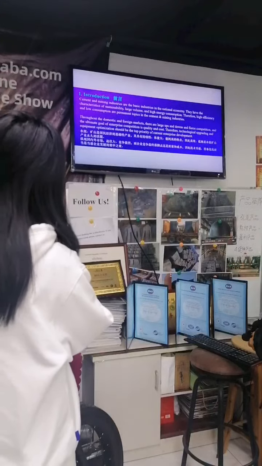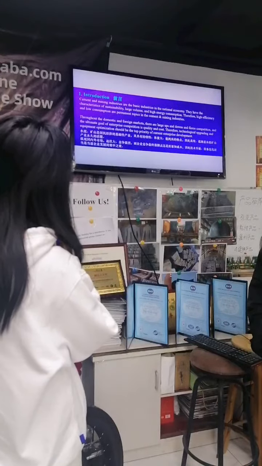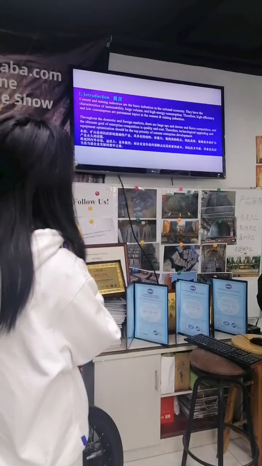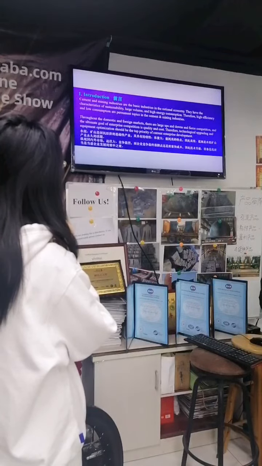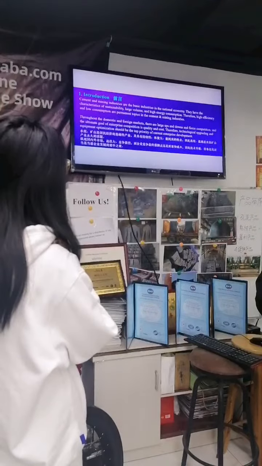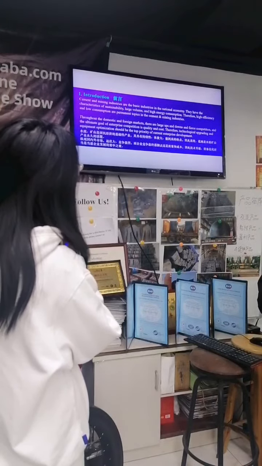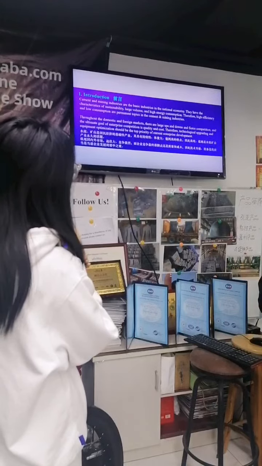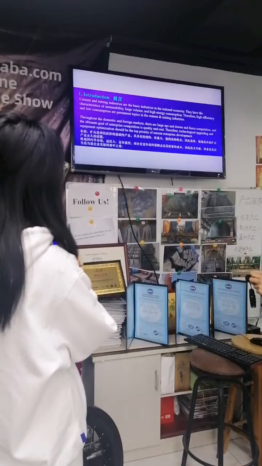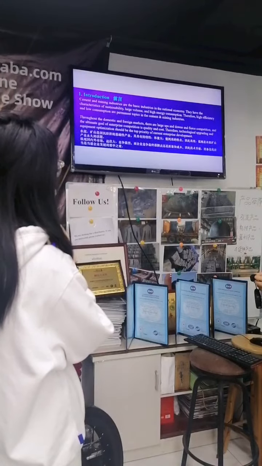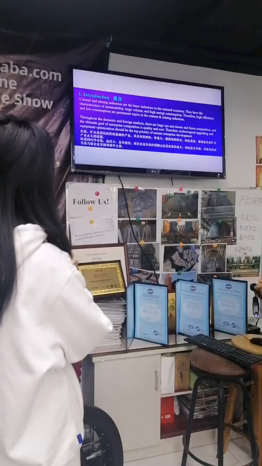For the introduction, cement and mining industries are the basic industries in the national economy. They have the characteristics of sustainability, large volumes, and high energy consumption. Therefore, high efficiency and low consumption are prominent topics in the cement and mining industries.